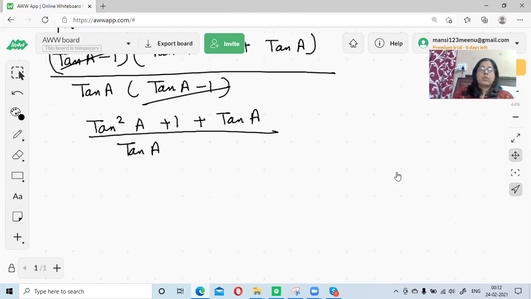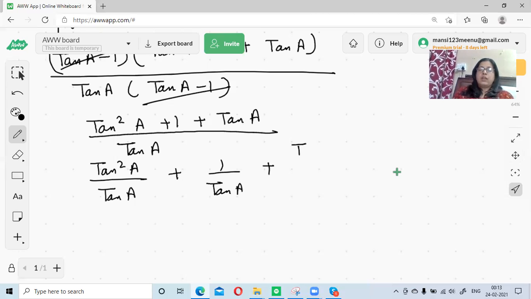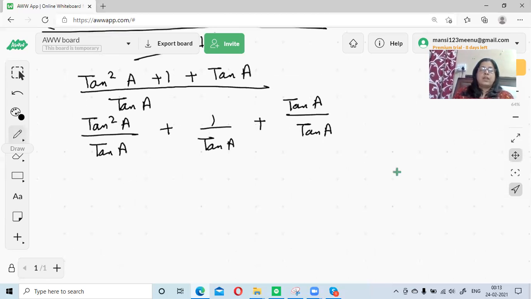So now we will solve it further. Tangent square A upon tangent of A plus 1 upon tangent of A plus tangent of A upon tangent of A. So tangent A and tangent square A, one tangent A will cancel out.